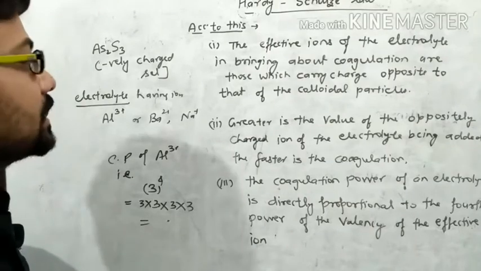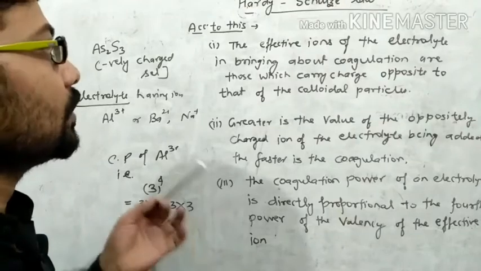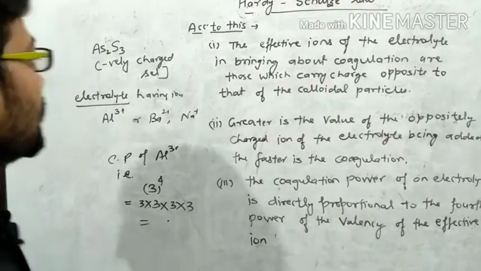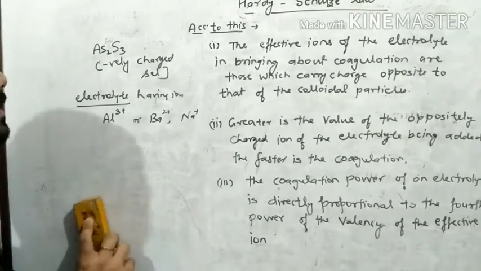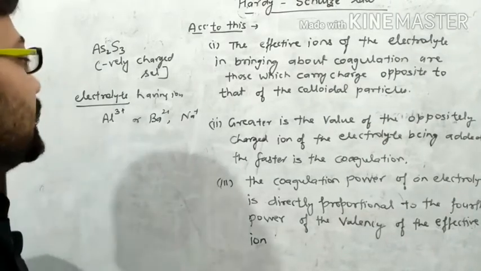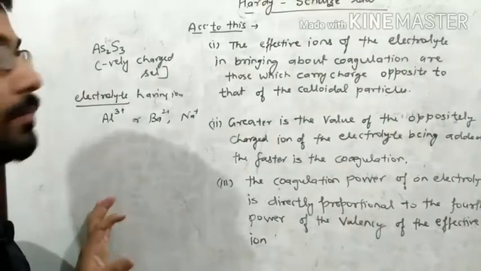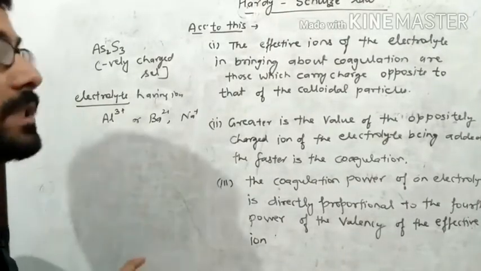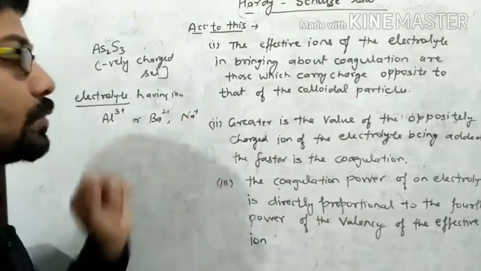Now one more thing is that basically one question arises according to Hardy-Schulze law. If we want to neutralize the arsenic sulfide, we add aluminium, barium and sodium.